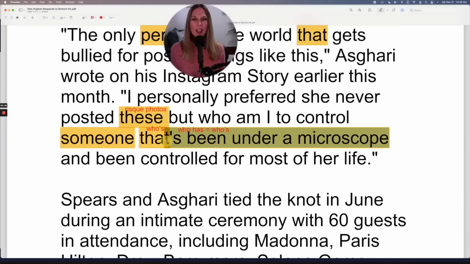This is an expression, to be under a microscope. And I think you can imagine what that means. So you put something under a microscope so you can see every single detail very clearly, right? Scientists put something under the microscope and they examine it and they get to see every single detail.